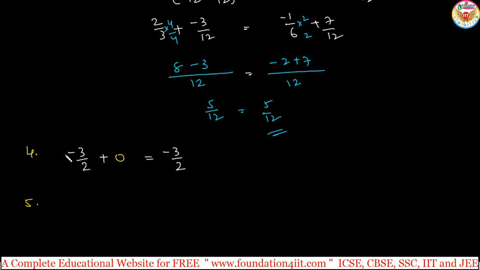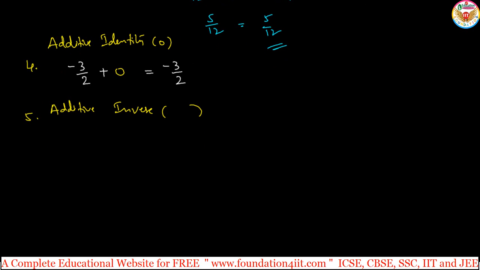Next, the additive inverse, right? So the additive identity is 0. Next, additive inverse. So let us see what the additive inverse is. Now same, say minus 3 by 2.